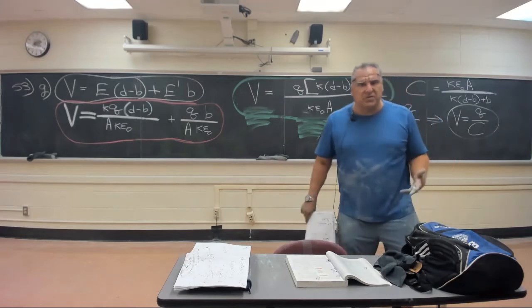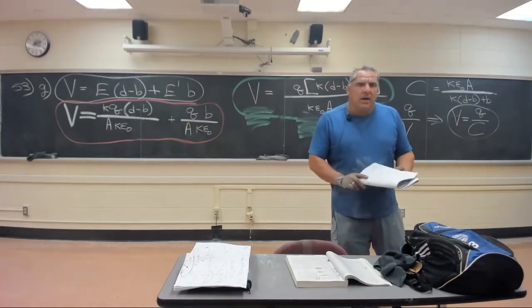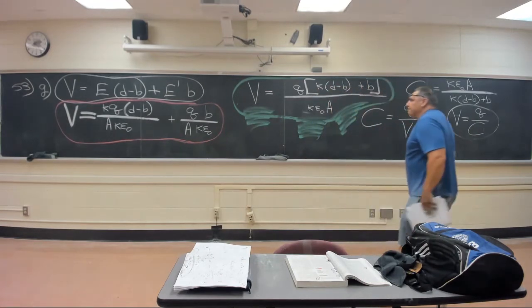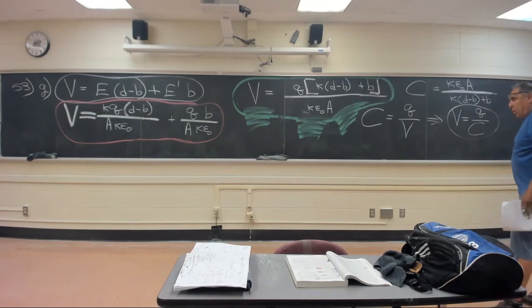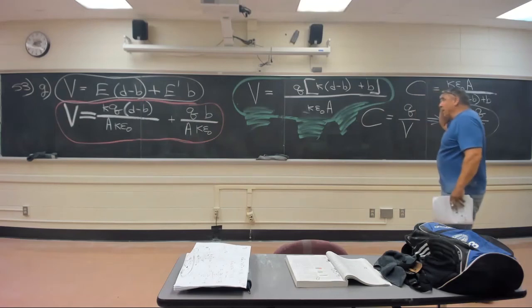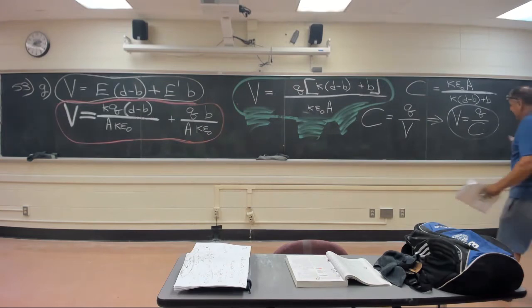When things are in parallel, you're adding charges. Voltages are different in series, but charges are the same. For parallel, voltages are the same, but charges are different. So it's a different scenario.